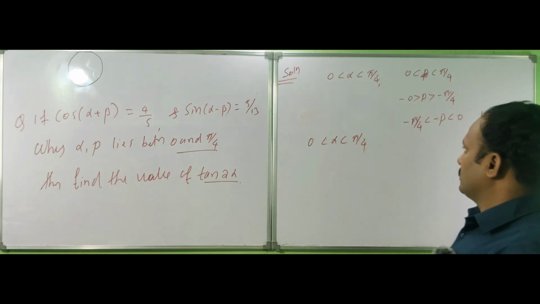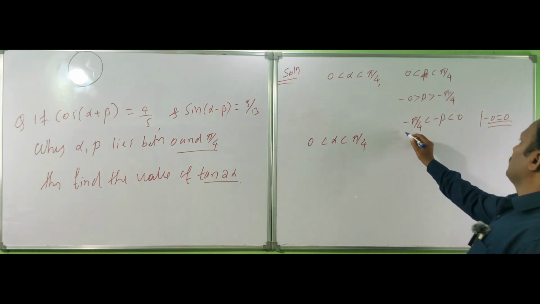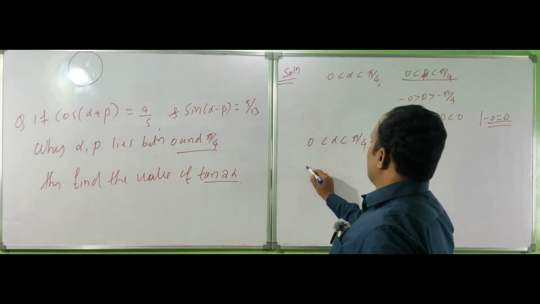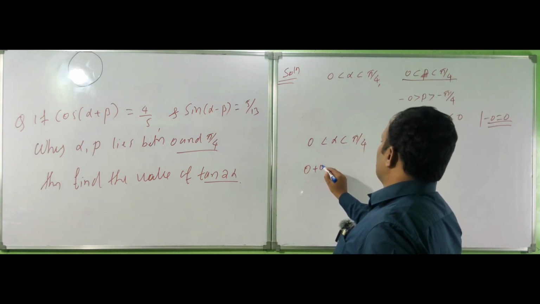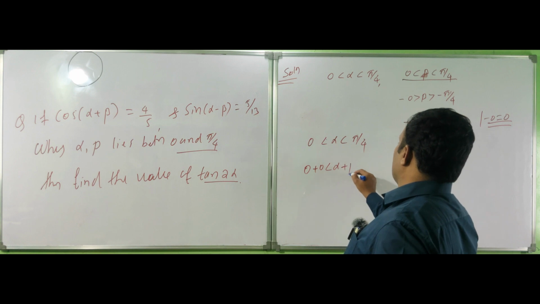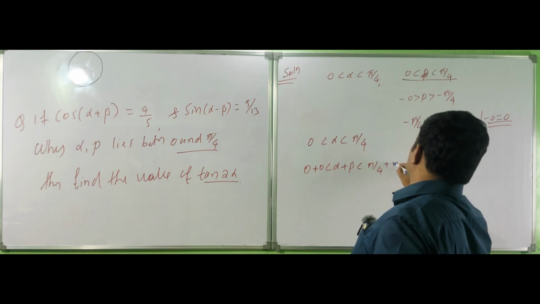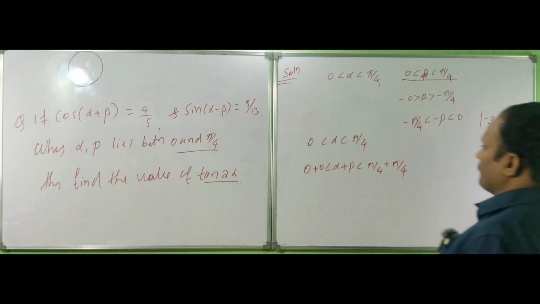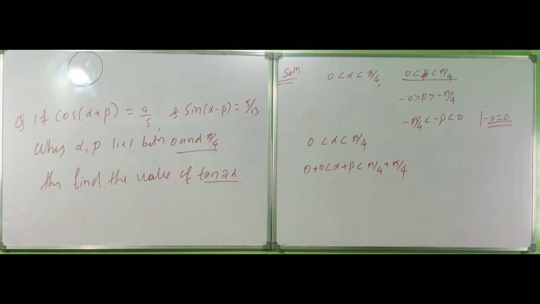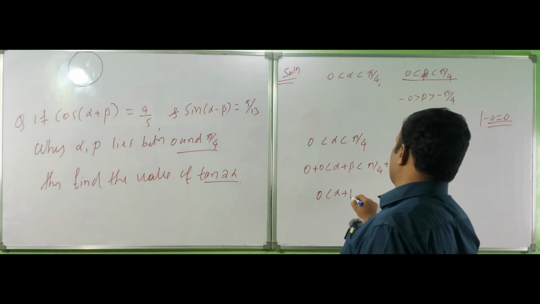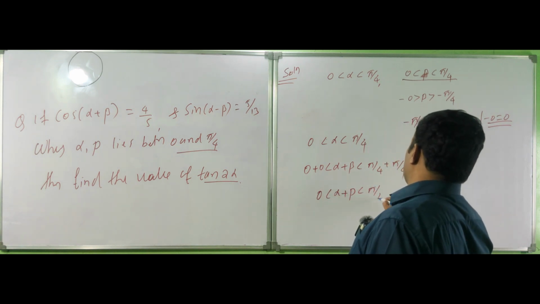Again adding, alpha plus 0 is less than alpha plus beta, which is less than pi by 4 plus pi by 4. So 0 is less than alpha plus beta less than pi by 2.